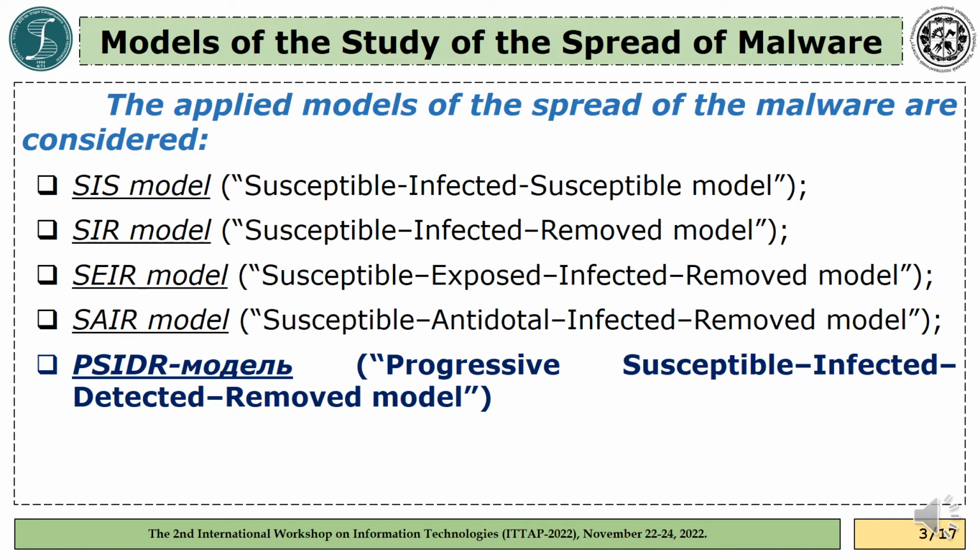In the course of this study, many well-known models were considered, which are shown on this slide. The best result of modeling the spread of malware in real simulation was shown by the last model.